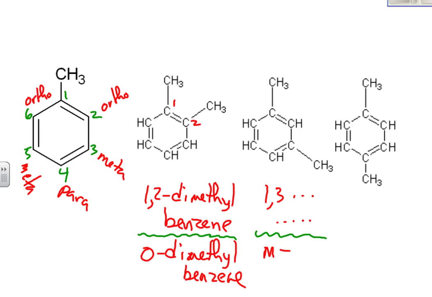And then finally, the last one, if we put the methyl on the opposite side, we would have a 1, 4 dimethylbenzene, or we could call it para dimethylbenzene. Okay. So we should be familiar with both of those naming conventions for the benzene ring.